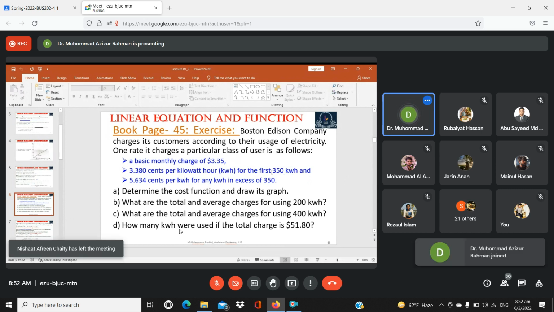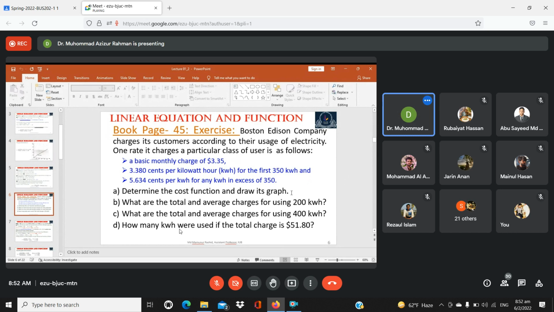And if you exceed 350 kilowatt hours, this rate. Determine the cost function and draw its graph. What are the total and average charges for using 200 kilowatt hours? And what are the total and average charges for using 400 kilowatt hours? How many kilowatt hours were used if the total charge is $51.80? So let's try to solve this.